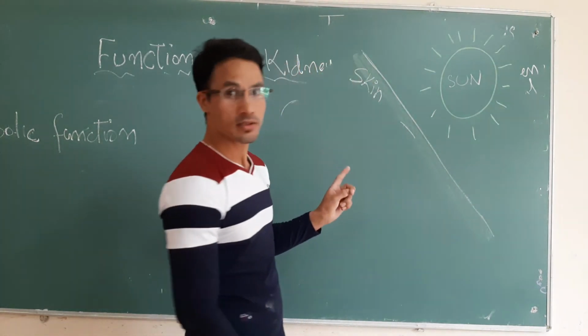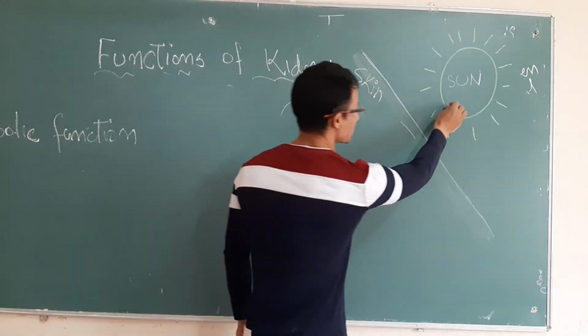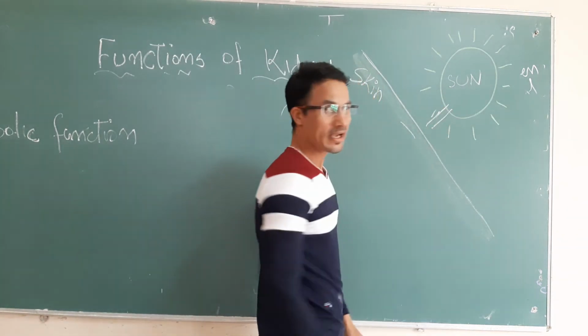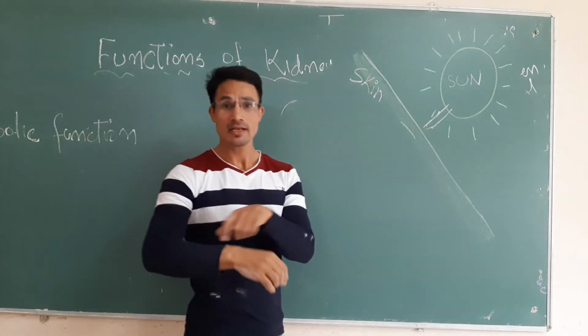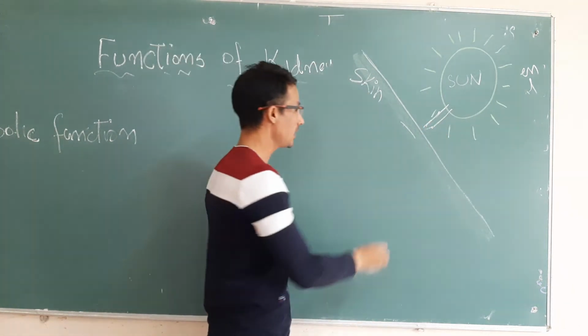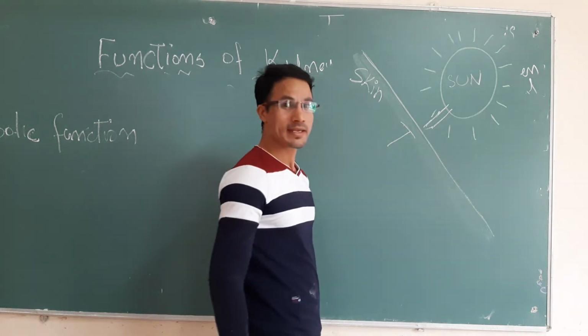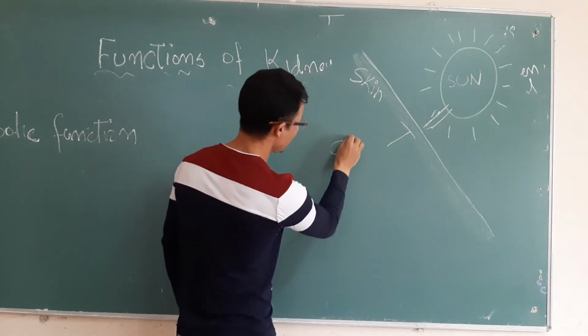Then how is it converted from the sunlight? The sunlight falls on our skin, the integumentary system.